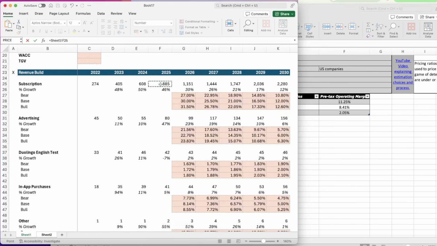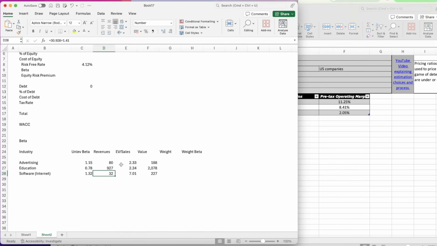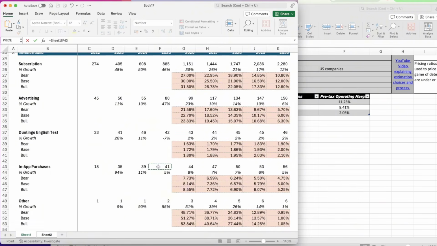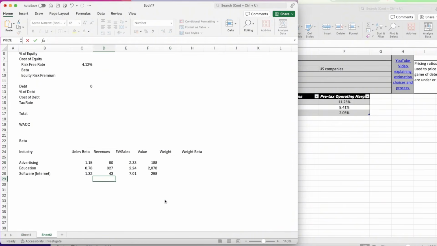Equals subscription plus. And this will help with the value. Actually, no, because we know what the weight is.